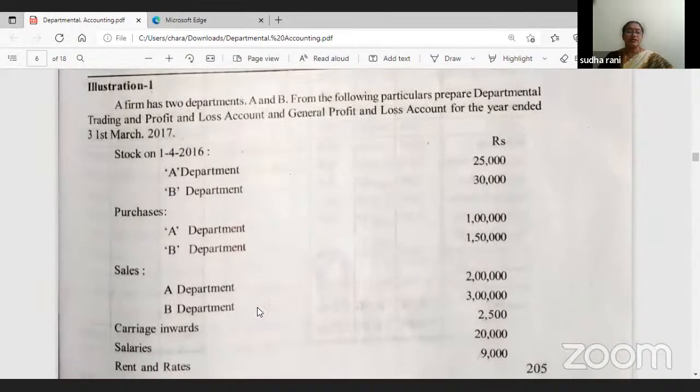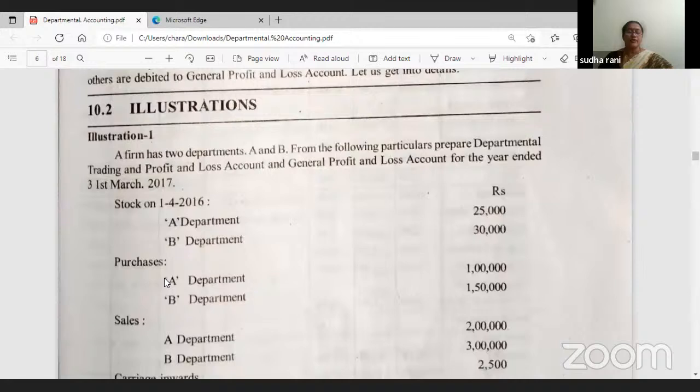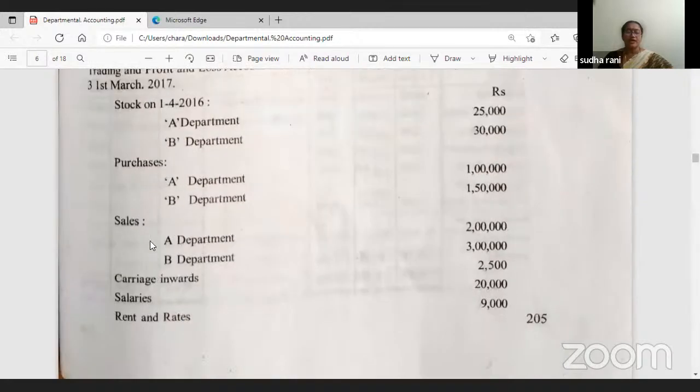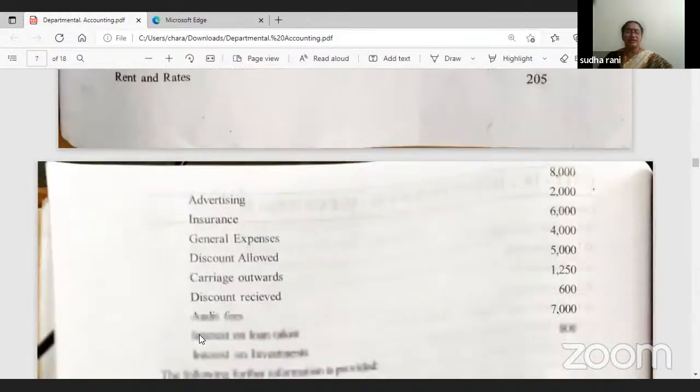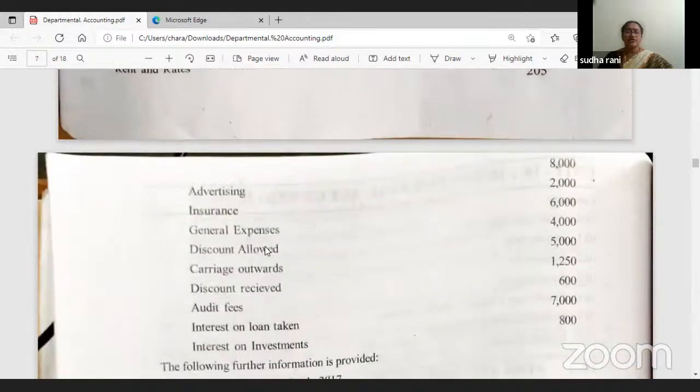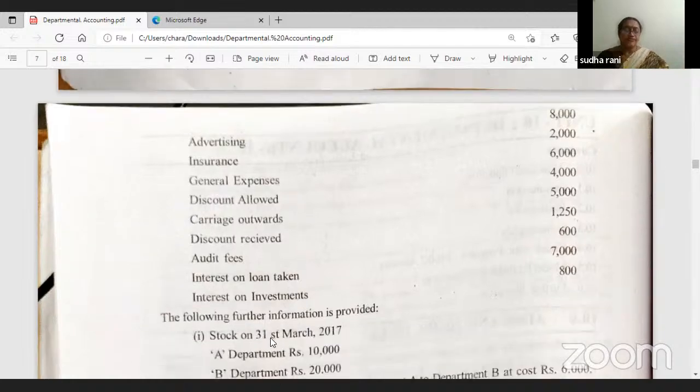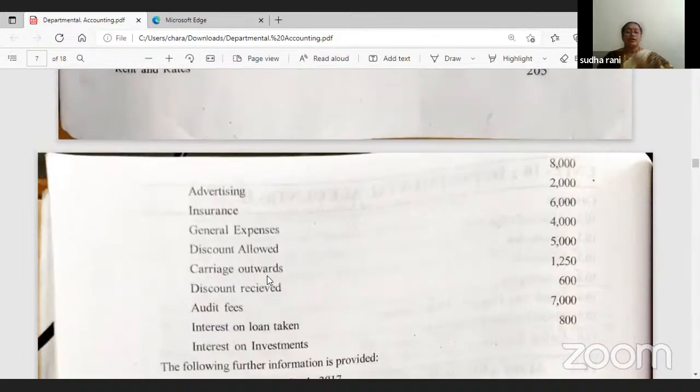Let us see here: opening stock, purchases, sales of both departments, carriage inward, salaries, rent and rates, advertising, insurance, general expenses, discount allowed, discount received, audit fees.